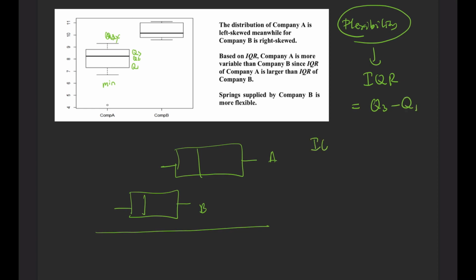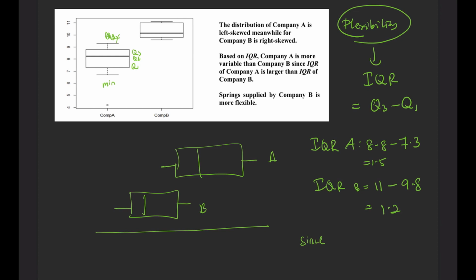So IQR for company A is 8.8 minus 7.3, which is 1.5. IQR for company B is 11 minus 9.8, which is 1.2.